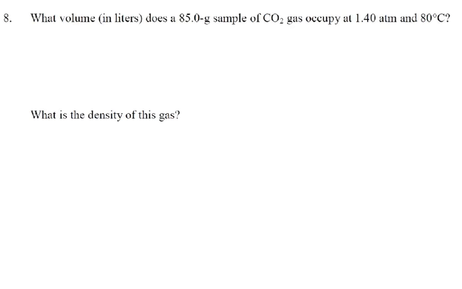What volume in liters does an 85-gram sample of CO2 occupy at 1.4 atmospheres and 80 degrees, which before we have a chance we're going to change that to 353 Kelvin. And again, here we have an 85-gram sample of CO2. We can use that information to figure out how many moles there is.